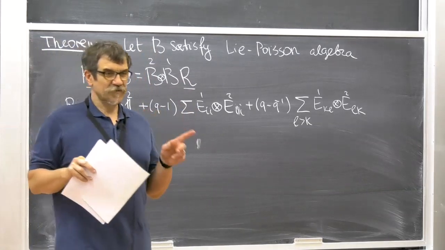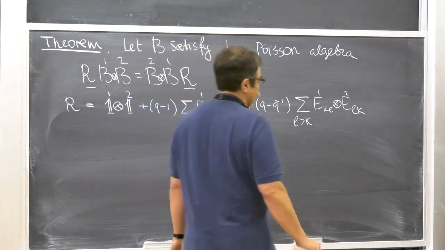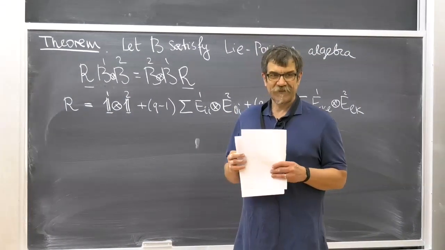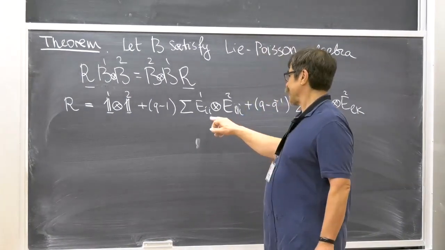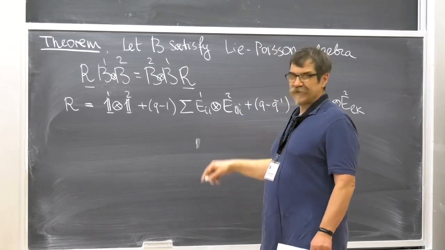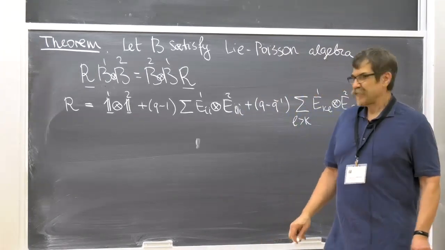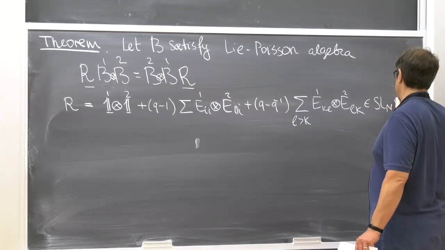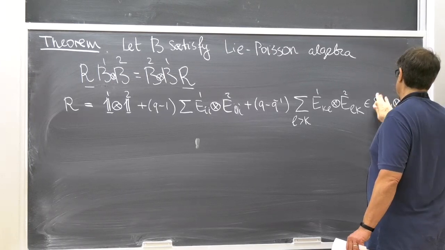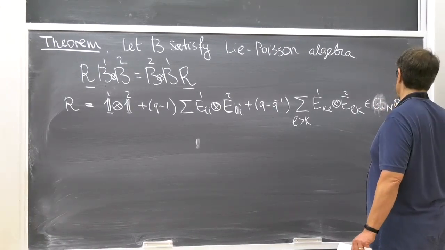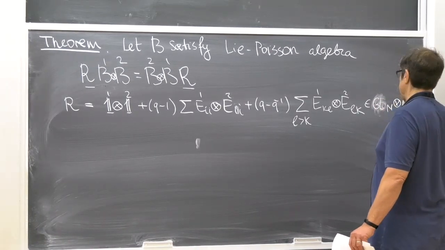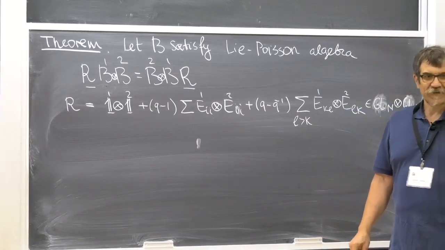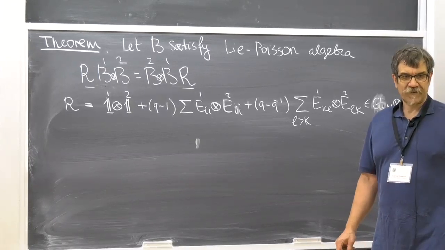But tell them that it belongs to the tensor product, right? So it's a tensor product in SLN cross SLN. No, well, GLN, we don't put any restriction. In principle, they can sometimes even be not invertible.